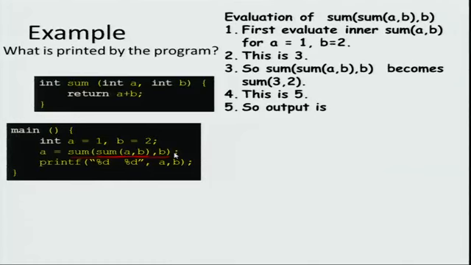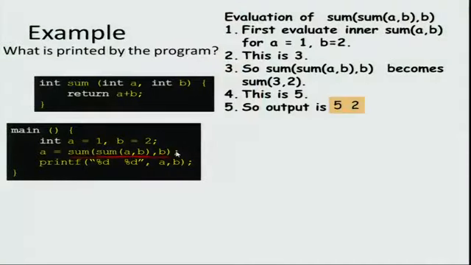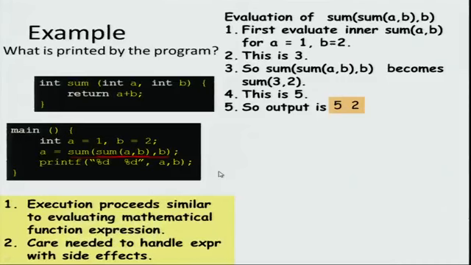So, a is 1 and b is 2. That will return 3. Then you add b again to it, b is 2. So, you have 5 as the total sum. So, the complete output is that a will be assigned 5 and b is still 2. This is similar to evaluating a normal mathematical expression.